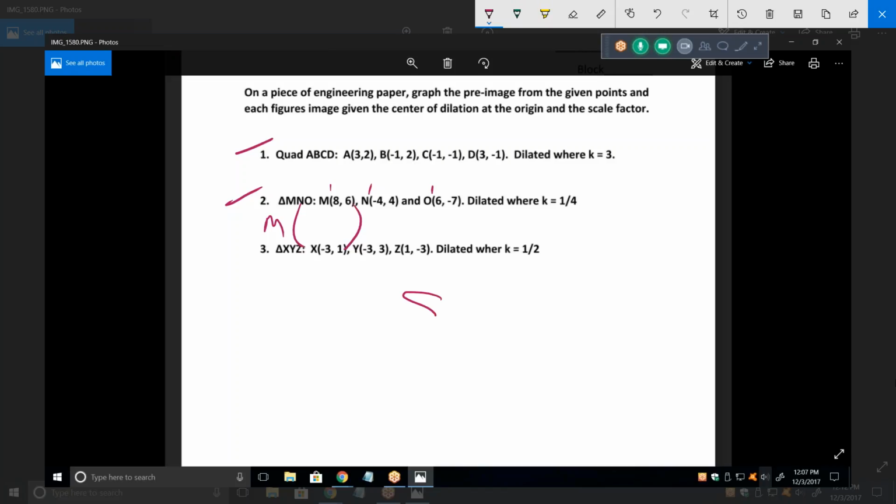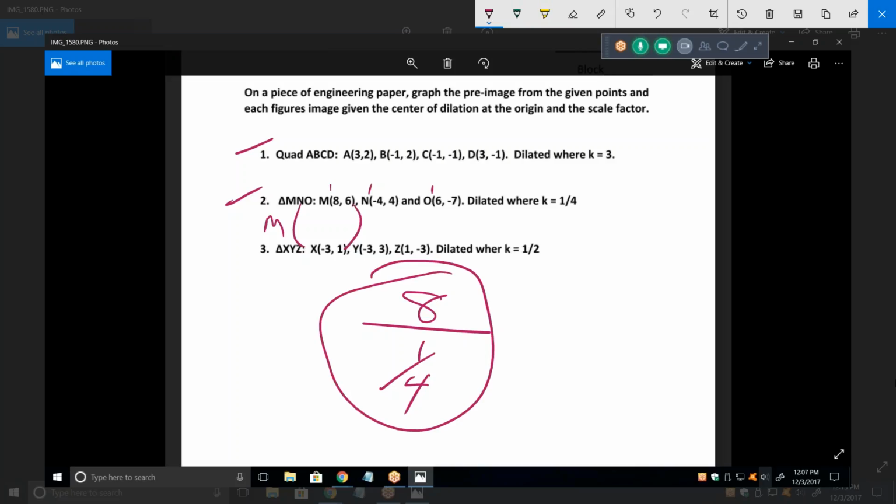Taking 8 divided by 1/4. What's that? Don't use a calculator. If you don't know how to do this, we need to talk about it.